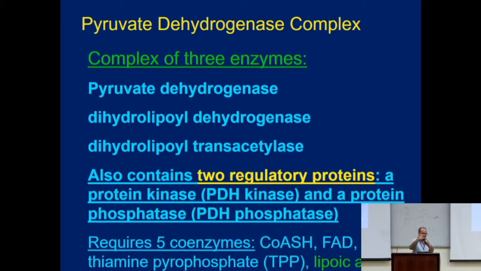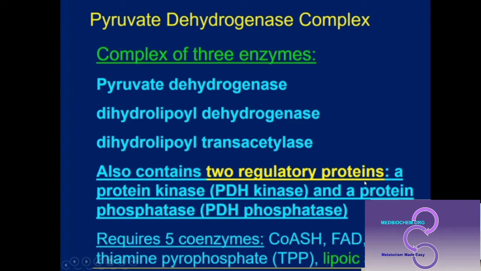It can remove phosphates from serine and threonine residues on the catalytic enzymes and activate the entire complex. We'll get to that in some detail in a minute, but you need to know the 5 enzyme components and the 5 coenzyme components of pyruvate dehydrogenase complex.